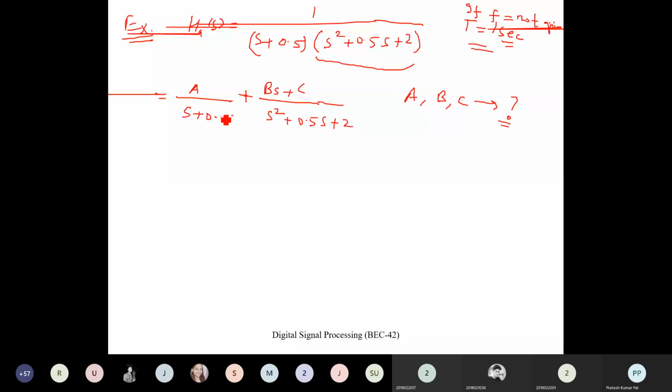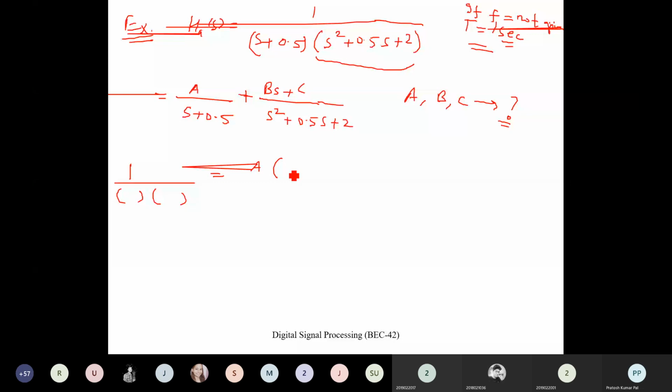After multiplying their terms, it is the longest method you can say. Whatever denominator terms are there, the complete denominator terms will be replaced by A, and then we will be multiplying it by s square plus 0.5.